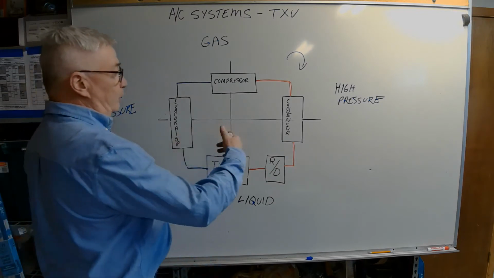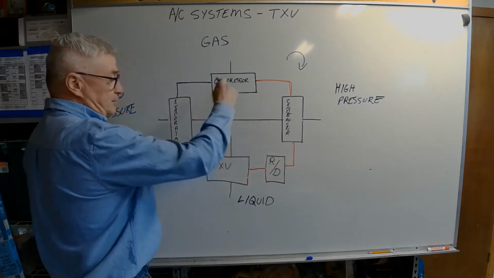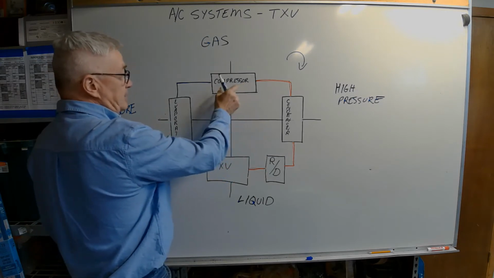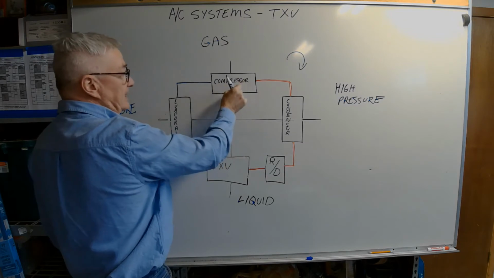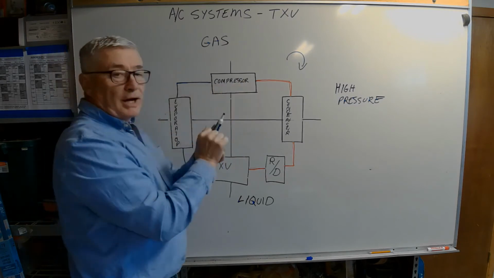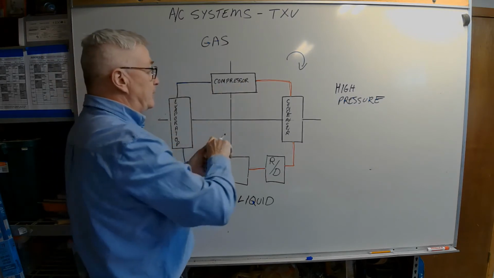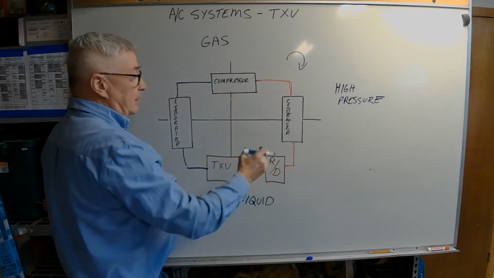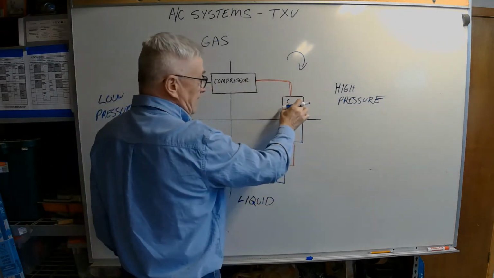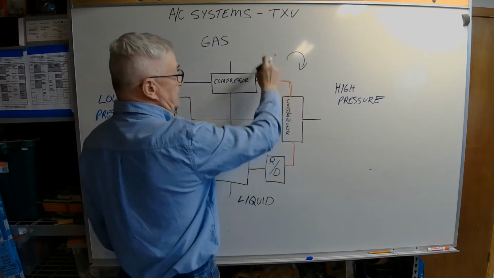So what my refrigerant does as it moves through the cycle is the compressor takes the gas coming into it, and we'll talk about that when we get here, takes the gas that's coming into it and it pressurizes it. What we need to do is raise the pressure and therefore the temperature to get it coming into my condenser. Now it's a high pressure gas.